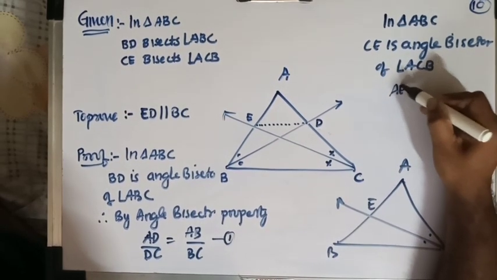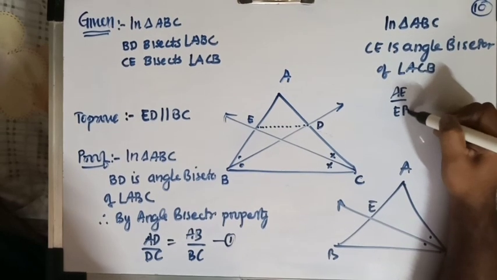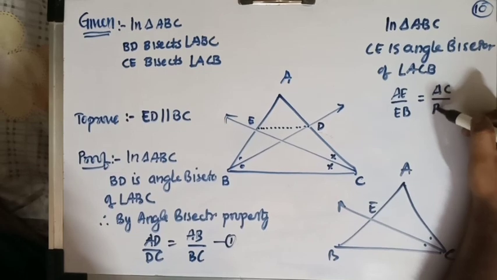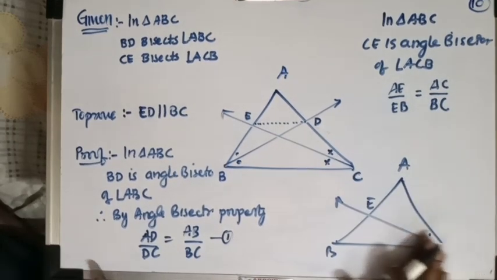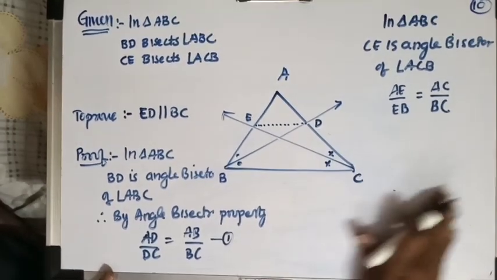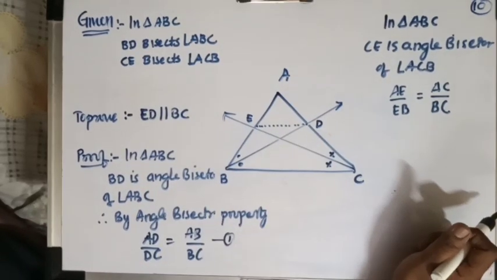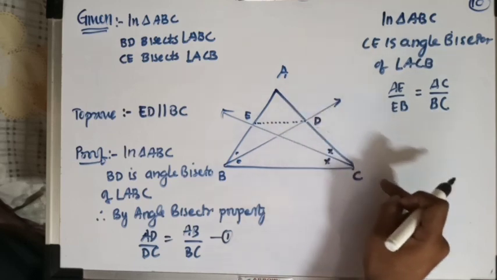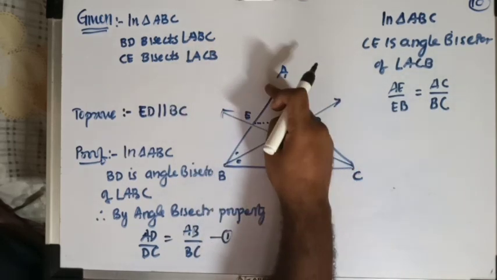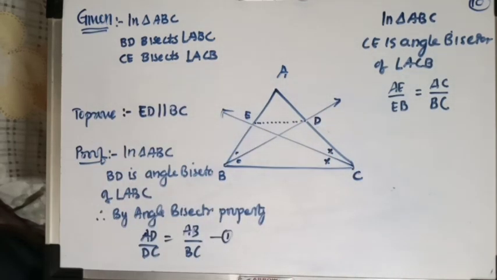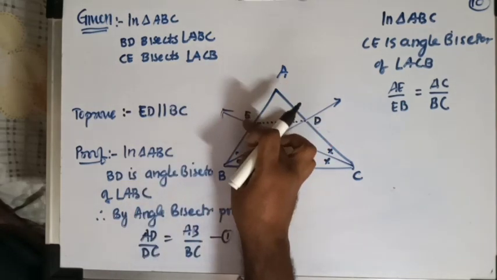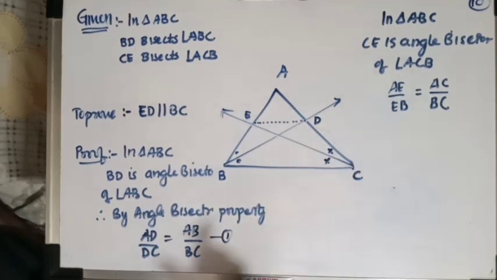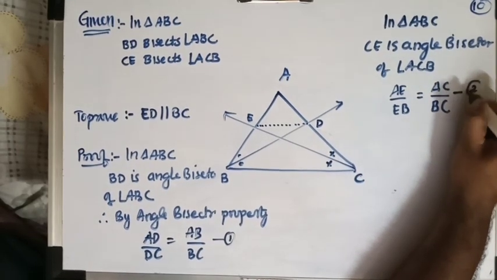I have AE upon EB equals to AC upon BC, right? So here I apply angle bisector property. Again, what do I have? CE is the angle bisector. I have AE upon EB equals to what? AC upon BC. So I give this as number 2.